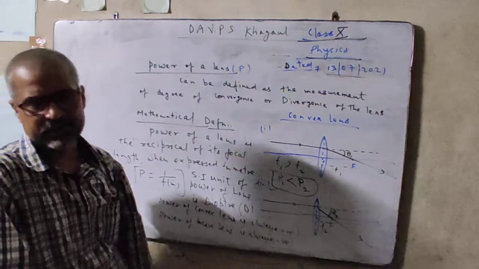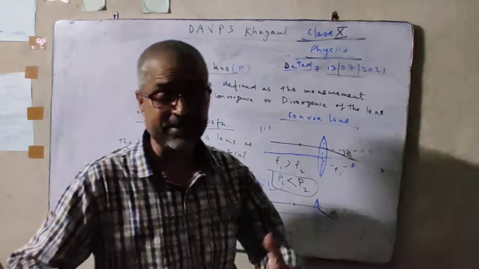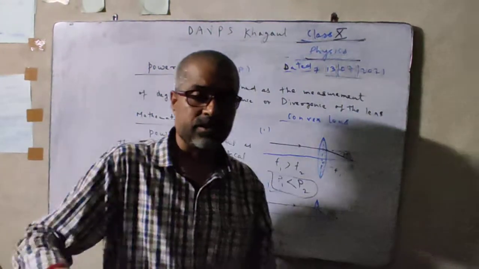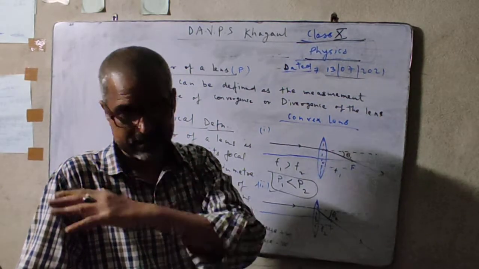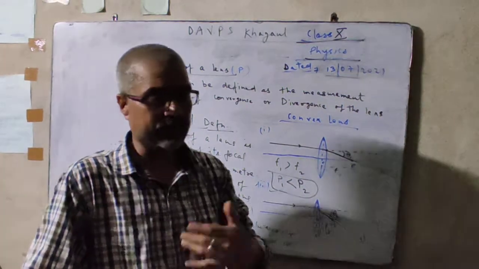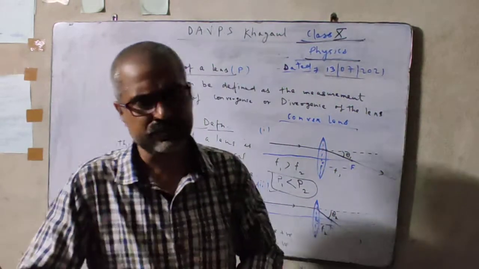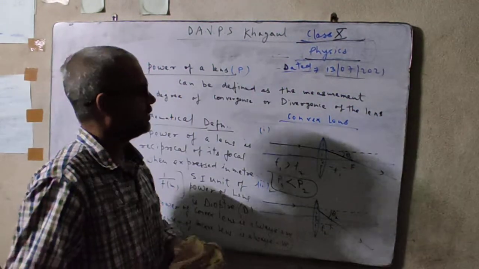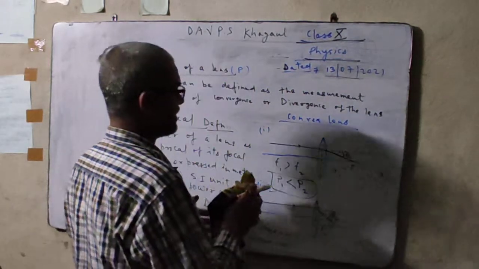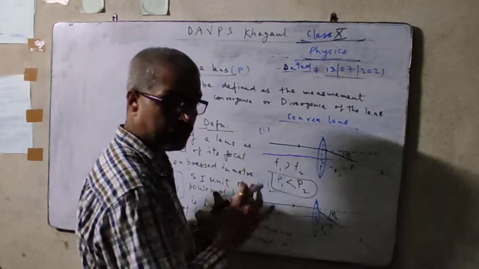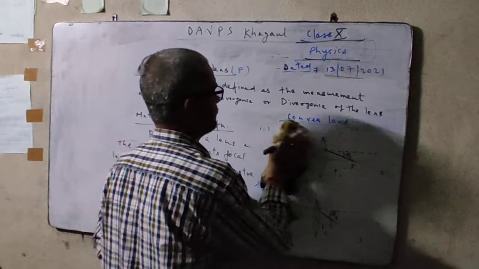Earlier we covered image formation, sign convention, different types of lens, the behavior of lens, and this last topic is going on, then we will solve some numerical problems also. Now I will show you the behavior of concave lens, how it diverges more or less.